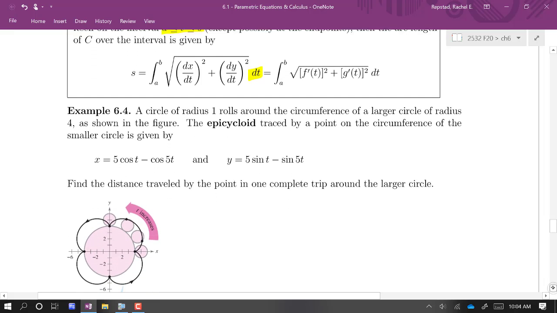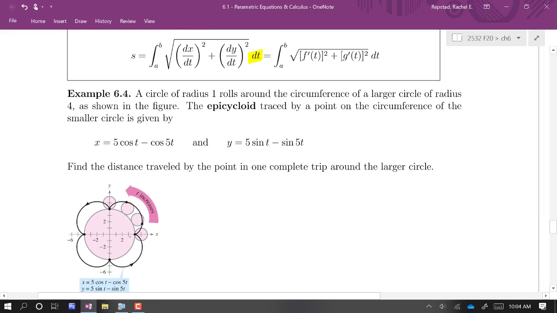So imagine, we've got this circle of radius 1, and that's the little circle that we see right here. It starts on this end, and what we do is just roll it around this bigger circle, the circle of radius 4. That's the big circle, and we're just taking the little circle and rolling it around.